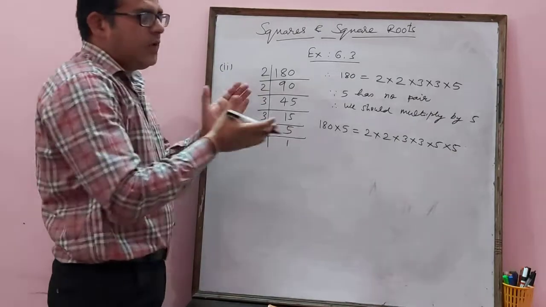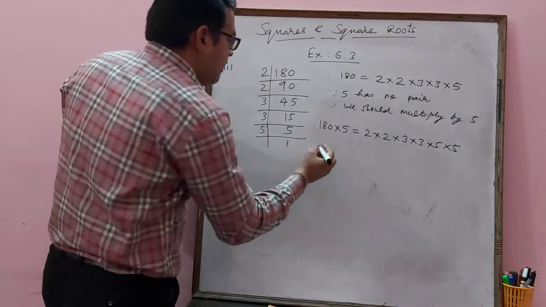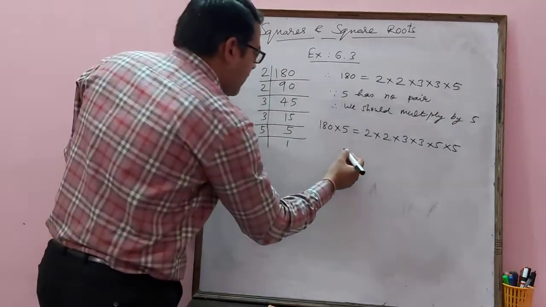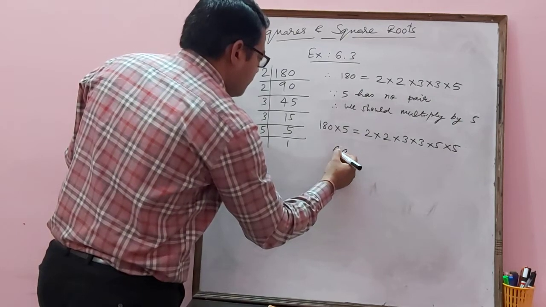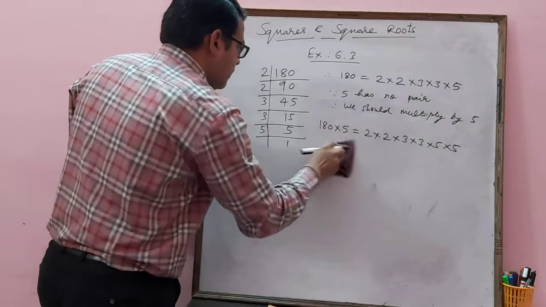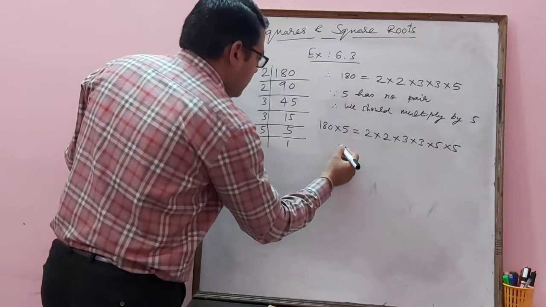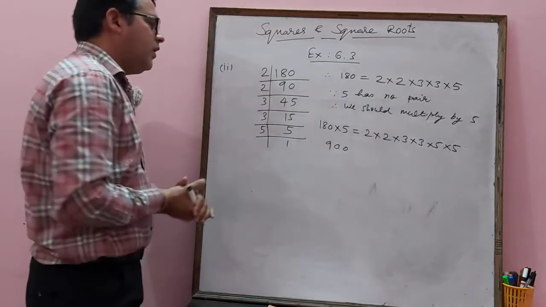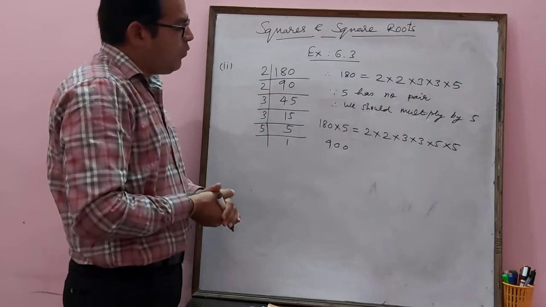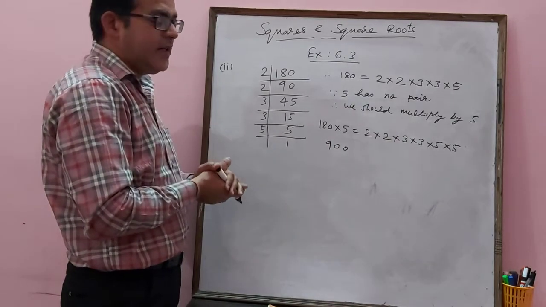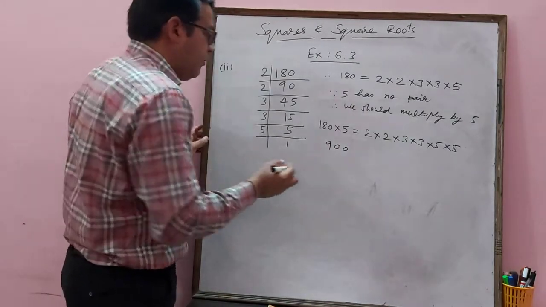Now pairs we can make. So what will come here when we multiply? 900, and we can see that 900 is a perfect square number, right?